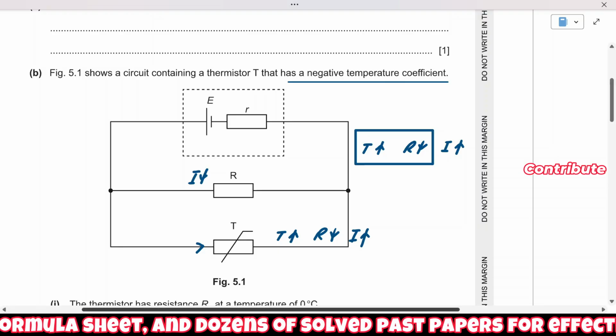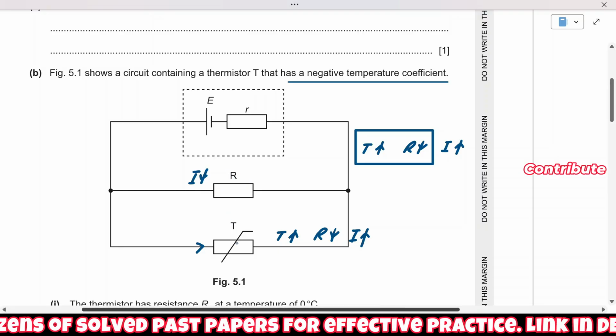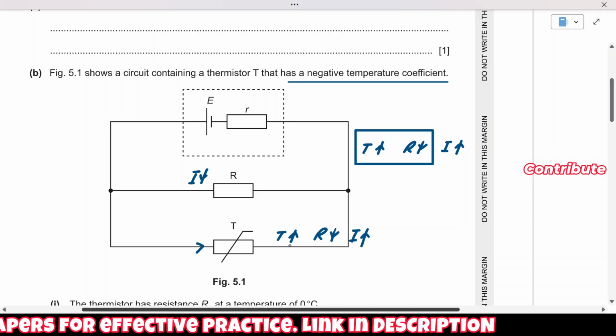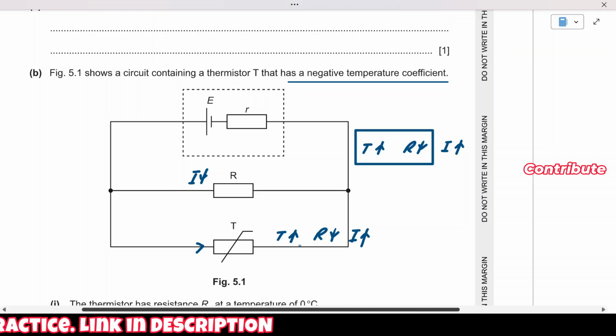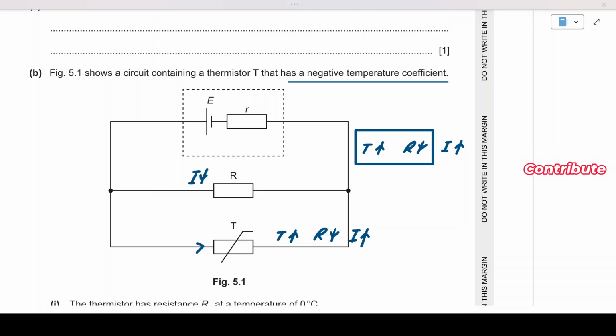Yeah, we can also answer it like this. If the temperature of the thermistor is increased, the resistance of the thermistor is decreased. So the total resistance of the circuit will be decreased.